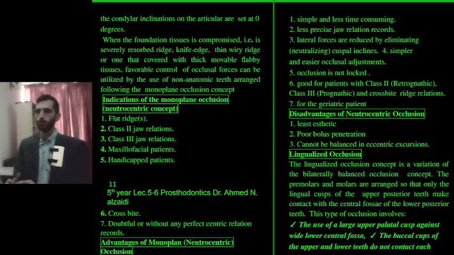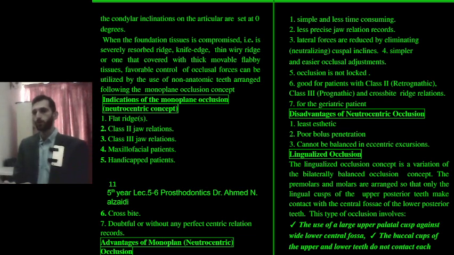The lingualized occlusion concept is a variation of the bilateral balanced occlusion concept. The premolars and molars are arranged so that only the lingual cusps of the upper posterior teeth make contact with the central fossa of the lower posterior teeth.